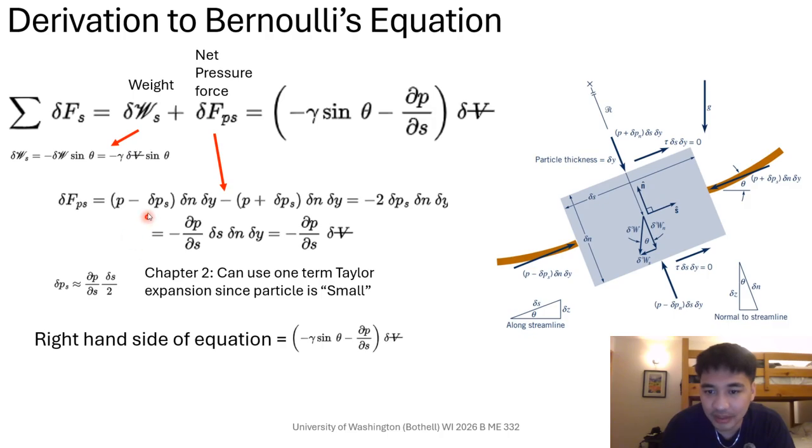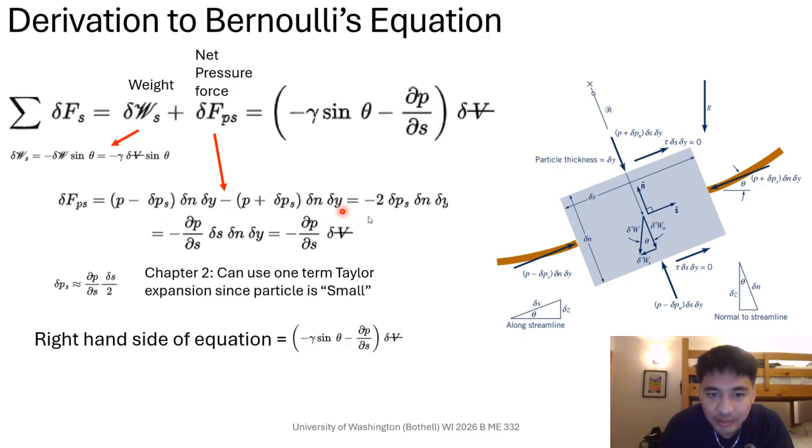You have your P minus delta PS times your delta N delta Y, which looks like right here, and then you have your P plus delta PS times delta N delta Y, which looks like right here. So this is getting subtracted from this because they're in opposite directions, you can see.